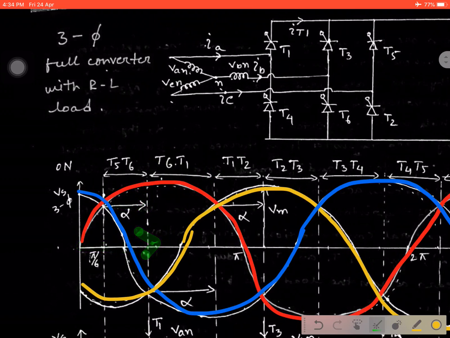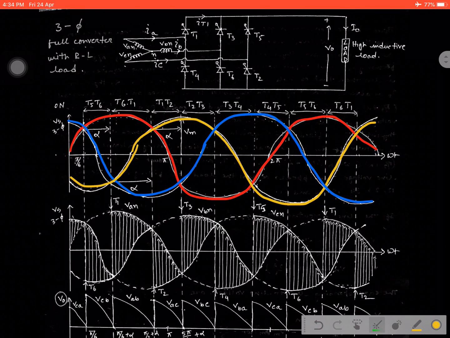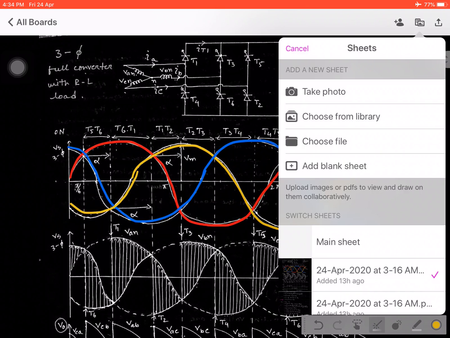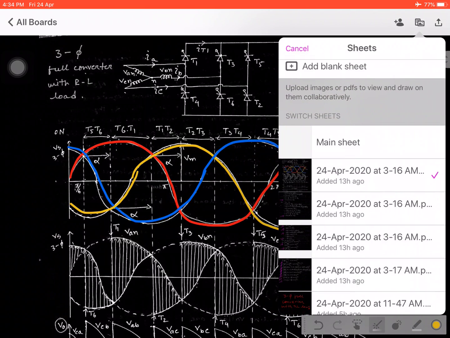Exactly. Now go to the operation. One more thing, the switching pulse has to be maintained. As we are using a pair of thyristors, not a single thyristor, if we do not use the pair, it will not form a closed path, then the current cannot flow in the circuit.